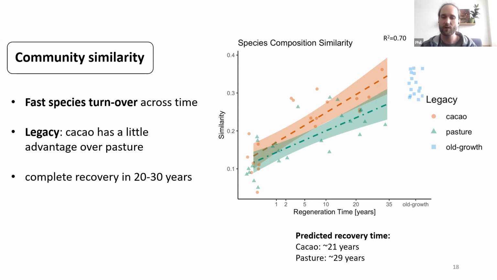And it takes roughly 21 years until the cacao legacy has completely recovered. So we cannot distinguish it anymore in its composition from old growth forests. And for the pasture, it takes a little bit longer. So we're talking about roughly 29 years until it's fully recovered. So there are some relatively strong legacy effects here, with the cacao having an overall advantage.